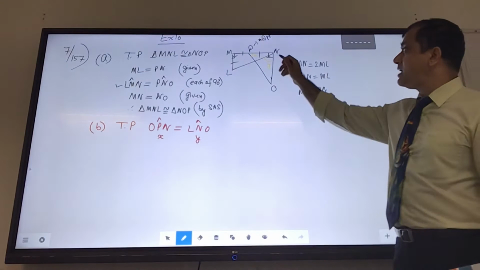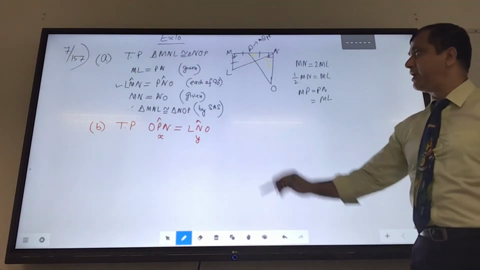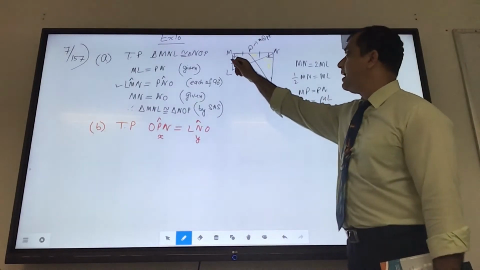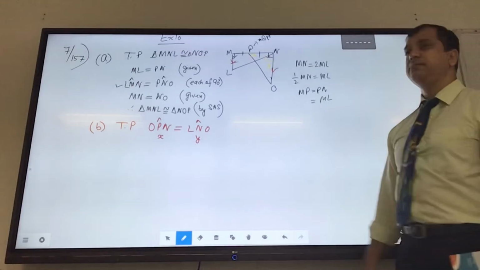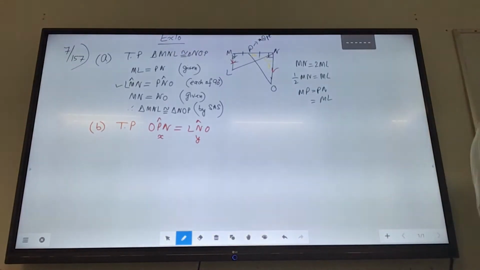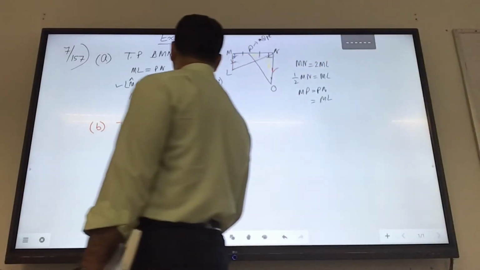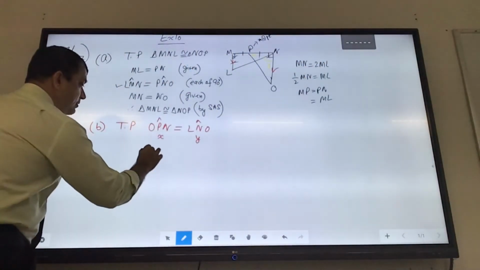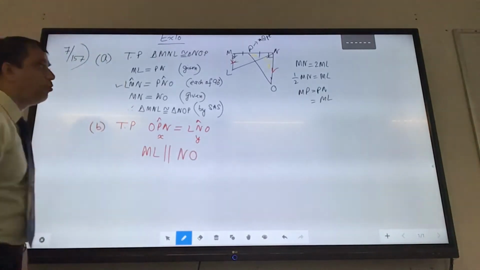If the sum of interior angles is 180 degrees, lines must be parallel. So ML is parallel to NO. Why?